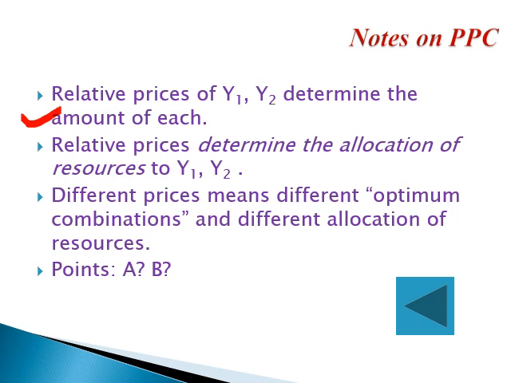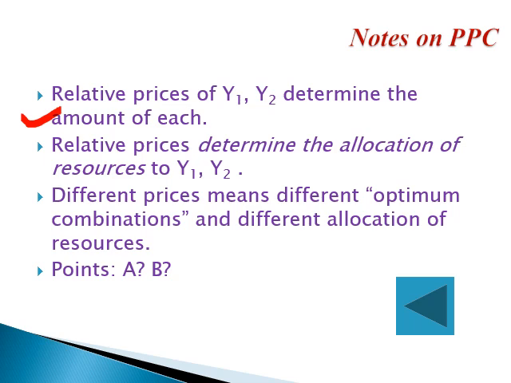What is the iso-revenue line? The iso-revenue line is the line that shows the total revenue that the producer will get using different combinations of y1 and y2. It means that whatever combination of tomatoes and lettuce you produce, you will get the same revenue.